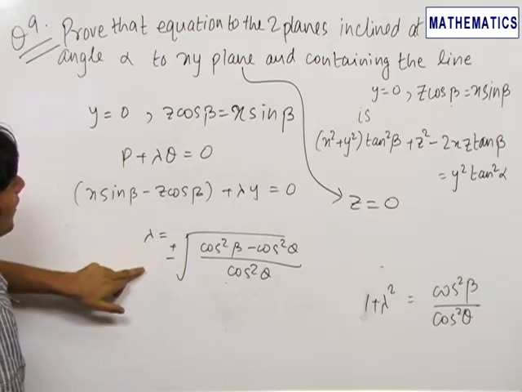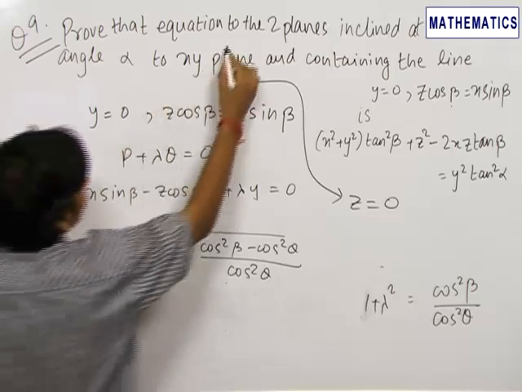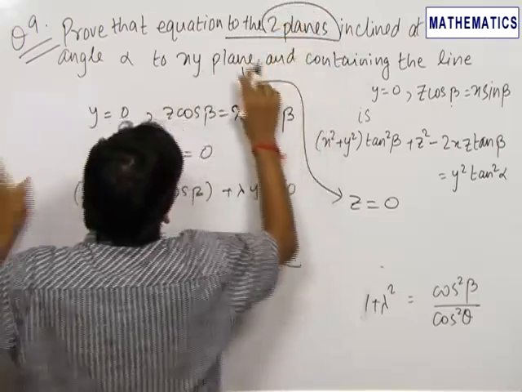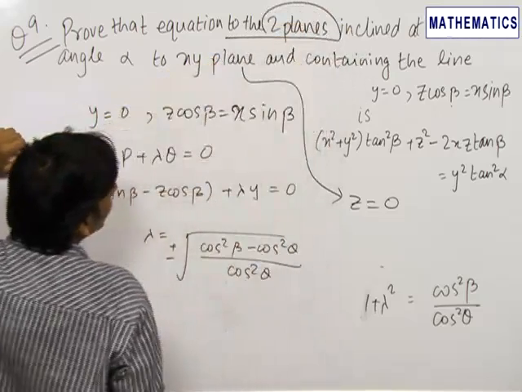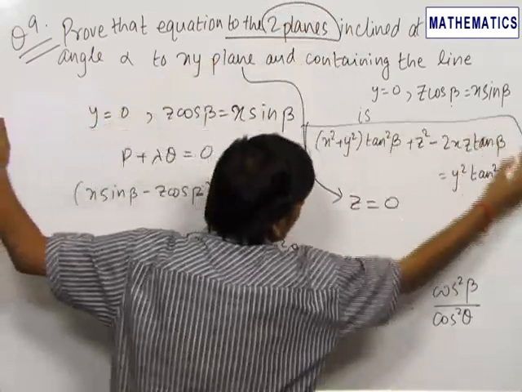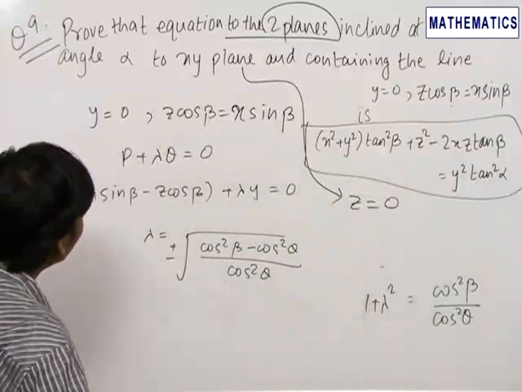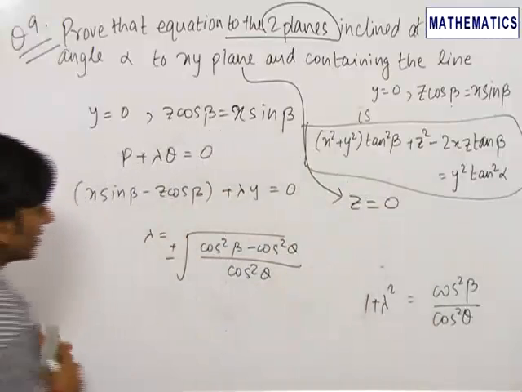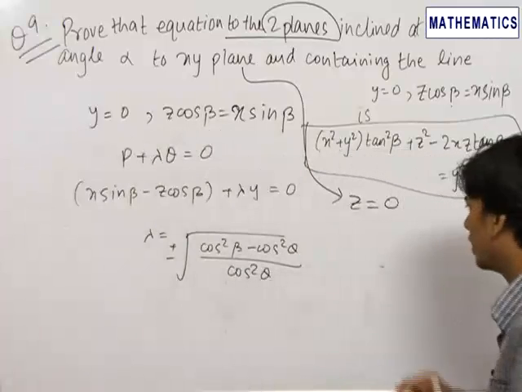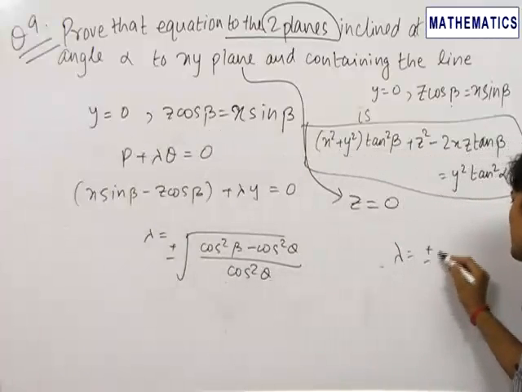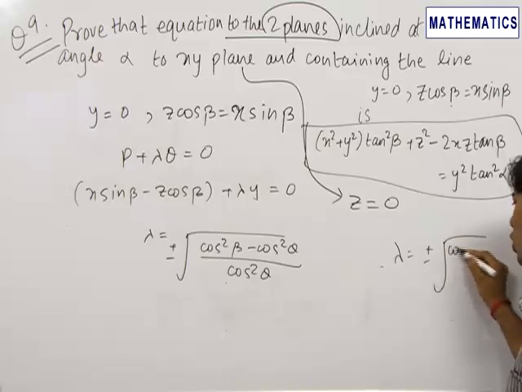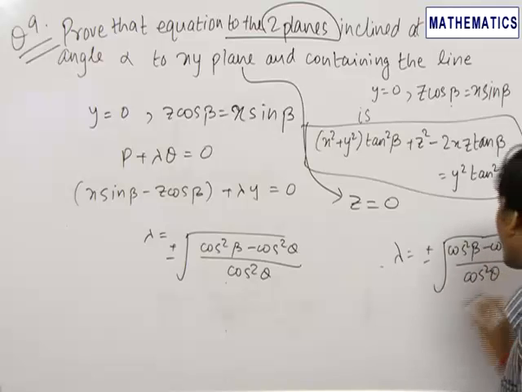For two values of lambda we get two planes, and these are the two planes that we want, and the combined equation of the two planes is what we need to prove equal to this. Now let us write the combined equation of the two planes when lambda is equal to plus minus root over cos square beta minus cos square theta upon cos square theta.